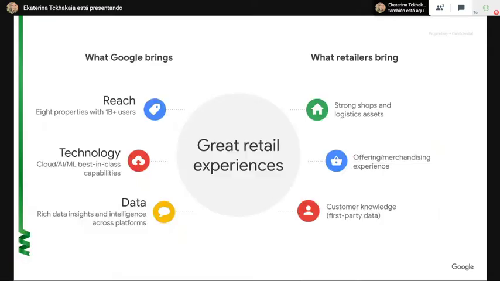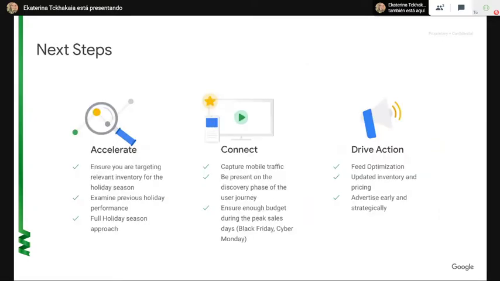And we believe that with the help of Google's reach, technology and data, retailers can leverage their own resources such as strong online and physical store assets, deep customer knowledge, as well as their merchandising experience in order to reach potential consumers at the right time and drive conversions.